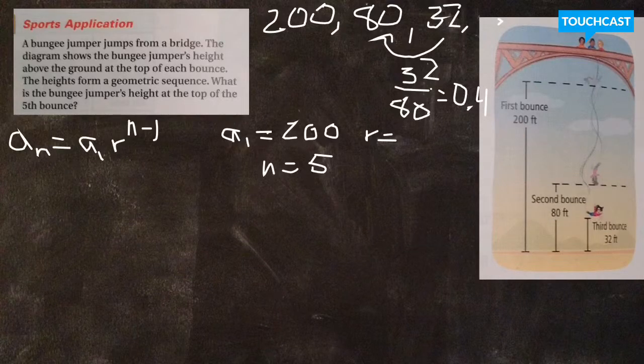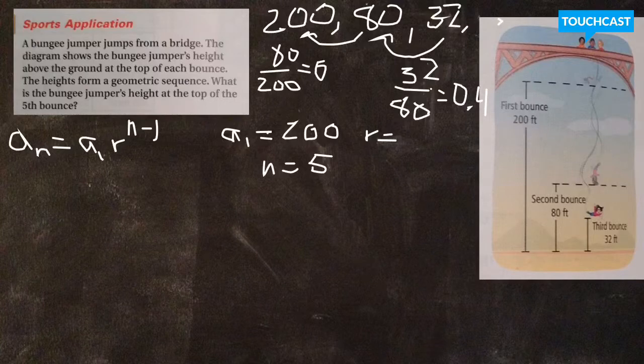Now we're also going to do 80 divided by 200. If we simplify this on our calculators, we'll find out again that it is 0.4. So our common ratio, we can safely say, is 0.4.